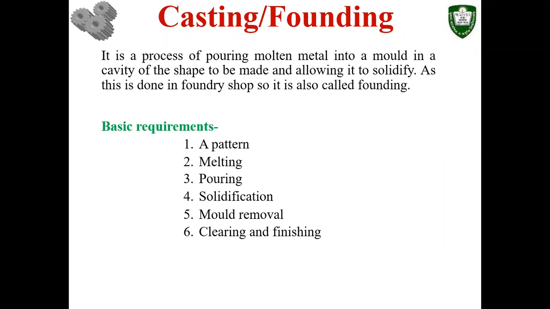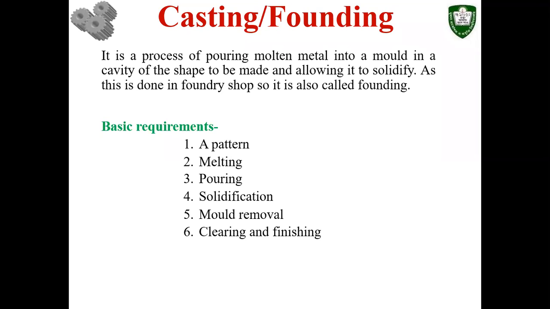Before going to that, for conducting a successful casting process, or to produce a part using the casting process, there are some basic requirements for casting. First, we need a pattern. Whatever product we want to make using the casting process, we need to have a similar shape and size available to conduct the casting. That is what is called a pattern. The pattern is a replica of the shape to be made.